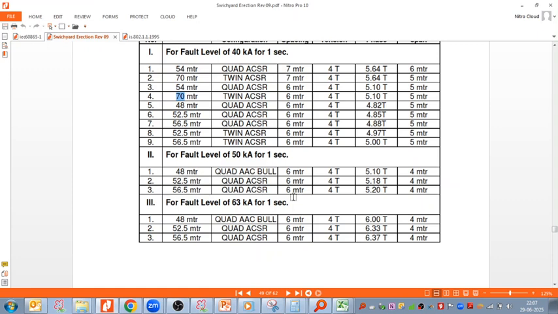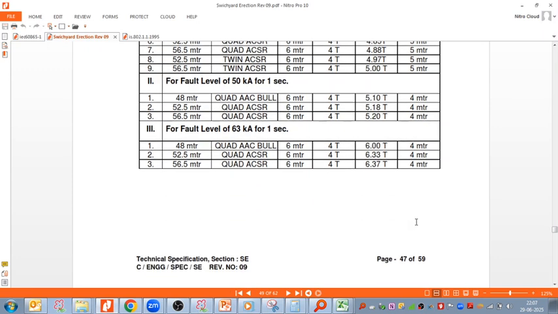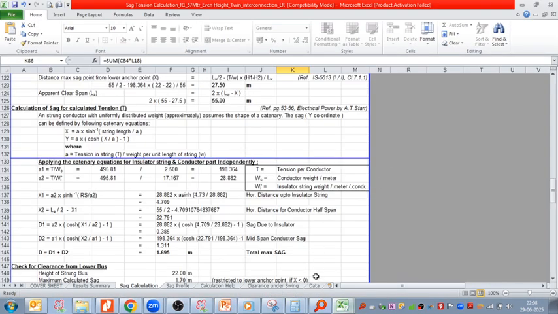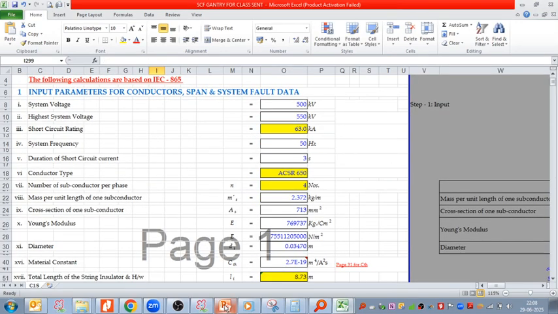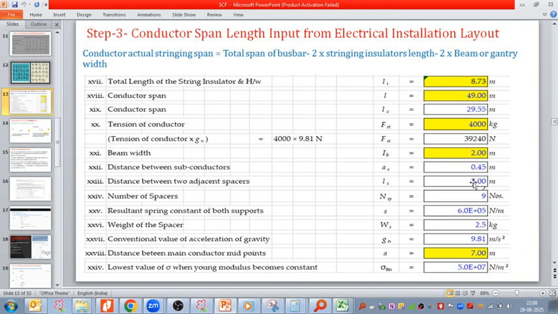When my short circuit current value increases, the spacer span decreases. For 63 kiloampere, we have to provide a spacer every 4 meter. Instead of 4 meter, in my project I have used 3 meter here. If you want, you can use 4 meter as well. This is the standard spacing that we take. So the distance between two adjacent spacers is 3 meter.